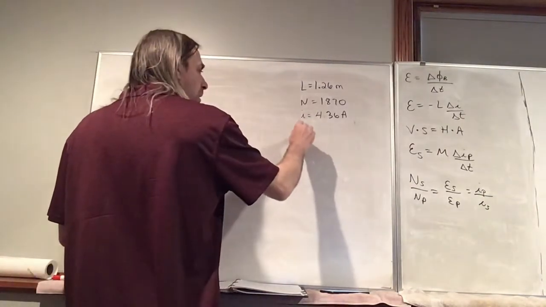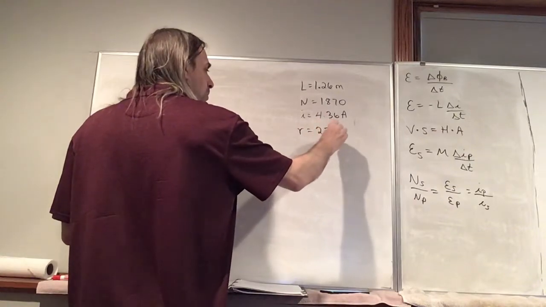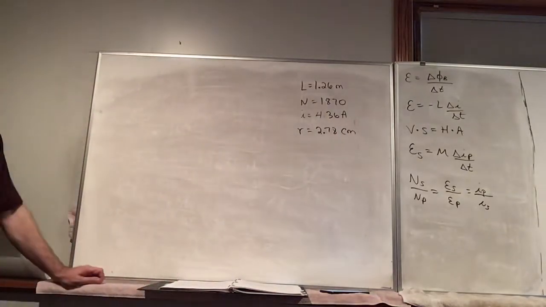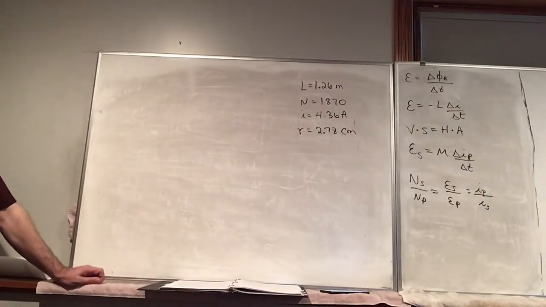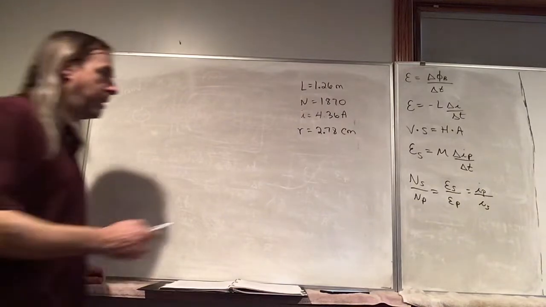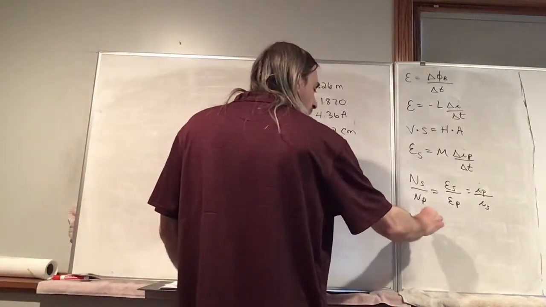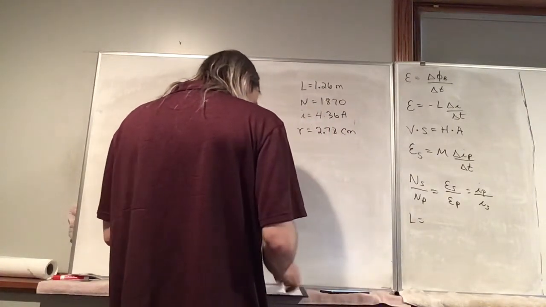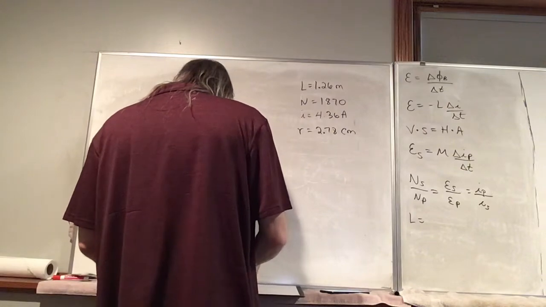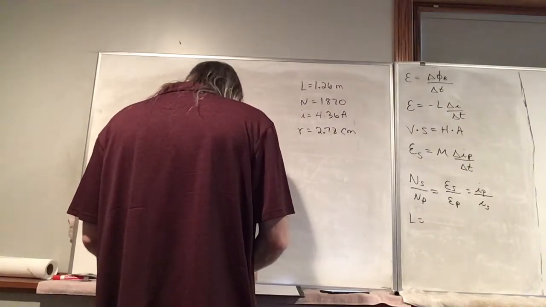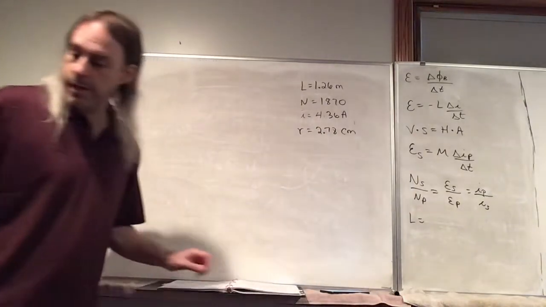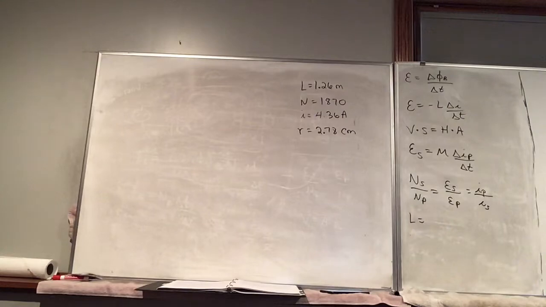The radius is 2.78 centimeters. So the question is, what is the inductance of the solenoid? That's one we can figure out; we worked it out in the notes. But let's look at the equation sheet to see if it's on there. I do not believe that it is. I'm just going to write down the inductance and then we will calculate it.